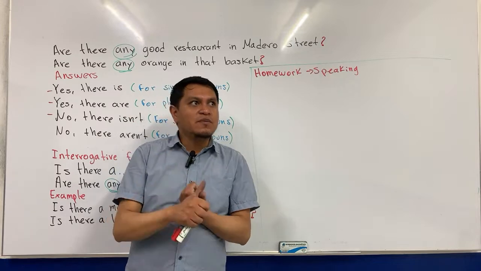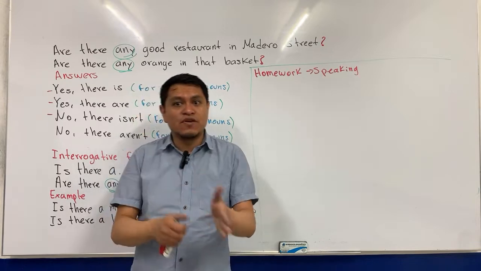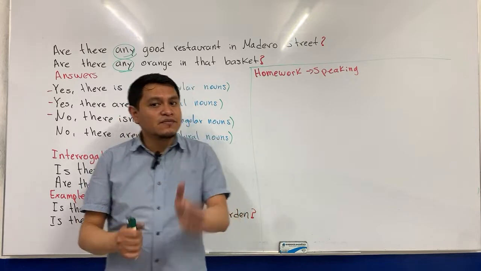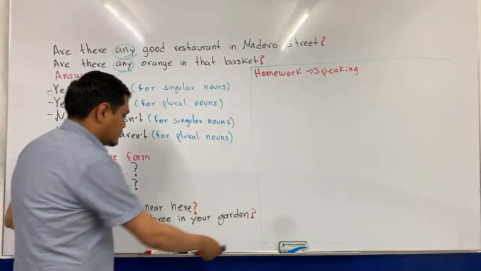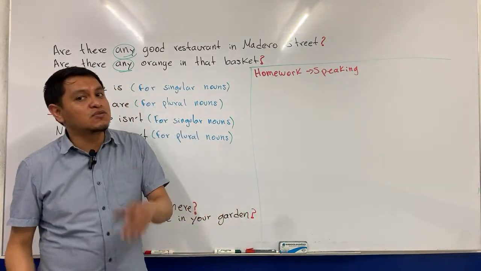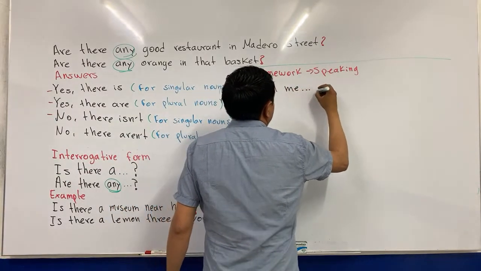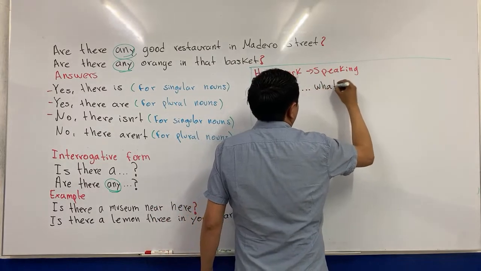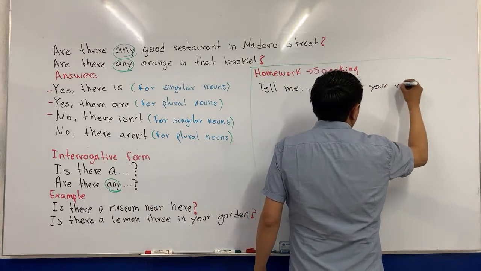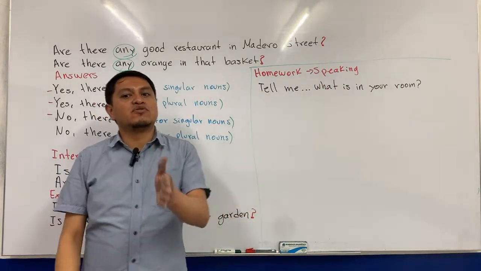Choose a room: living room, bedroom, kitchen or bathroom, right? And tell me what I can find there. Repeat: tell me what is in your room.